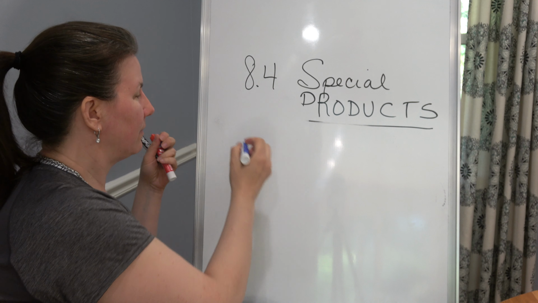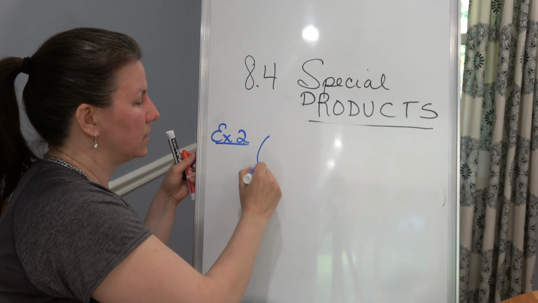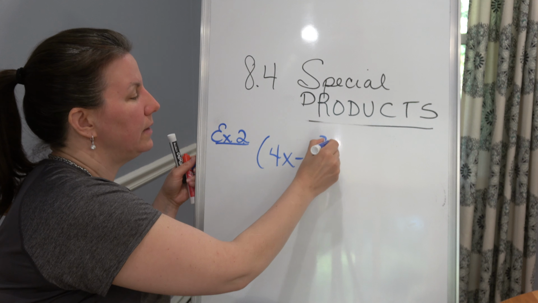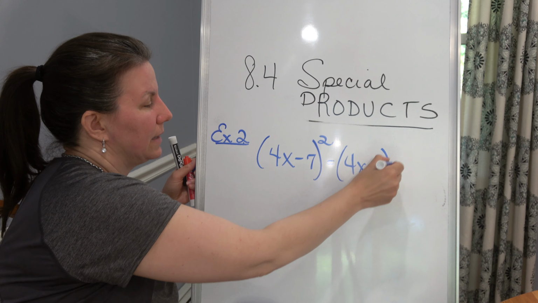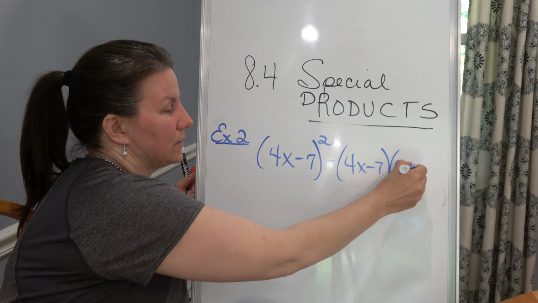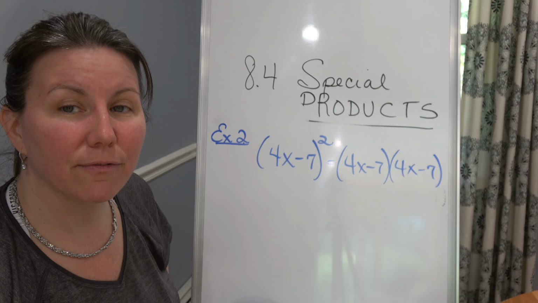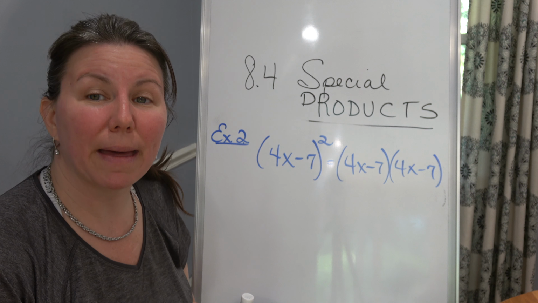So you get kind of a deja vu effect here, okay? So let's say we've got 4x minus 7 quantity squared is equal to 4x minus 7 times 4x minus 7. That's what squaring means, multiplying something by itself. And so now we're just going to do, once again, that FOIL method, all right?